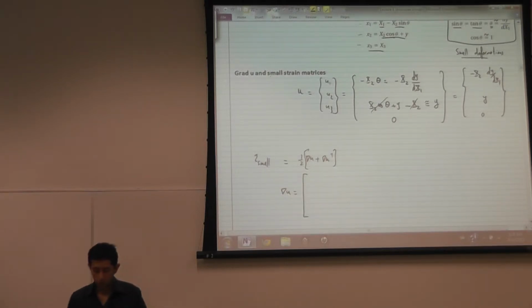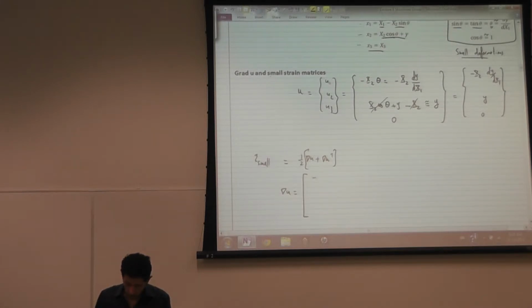Partial u1 by partial x1 is negative x2 d2y by dx1 squared. Partial u1 by partial x2 will be equal to negative dy by dx1. Partial u2 by partial x1 is dy by dx1.